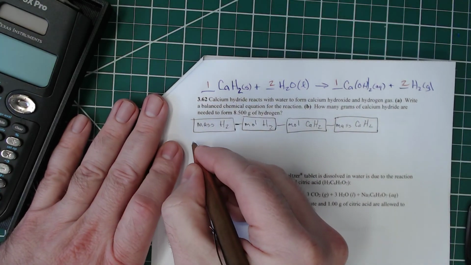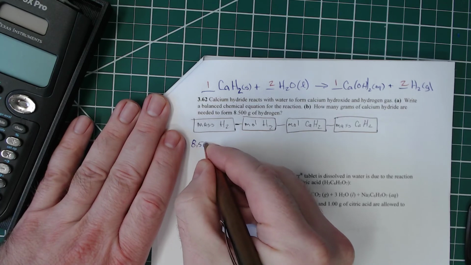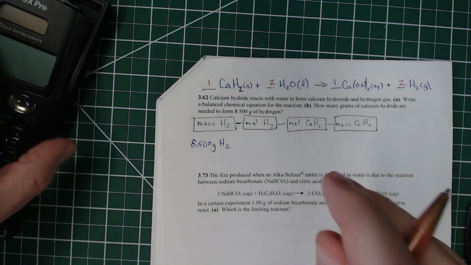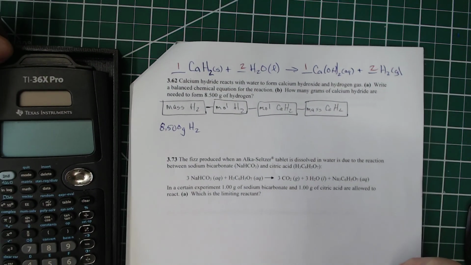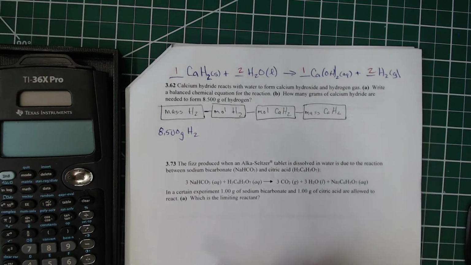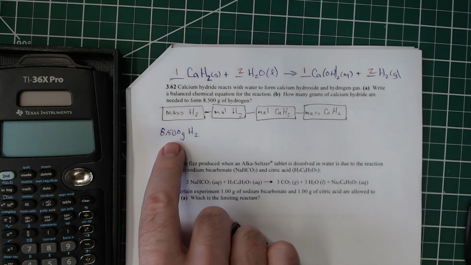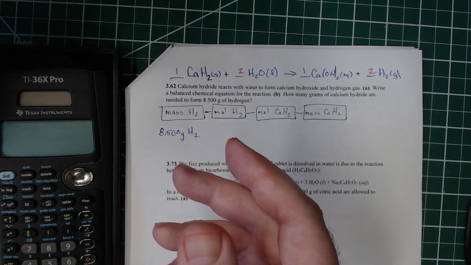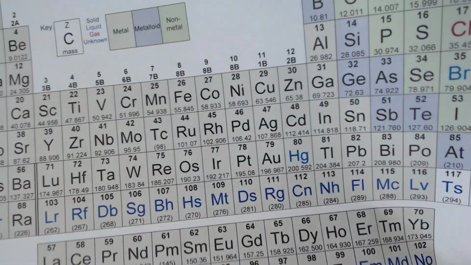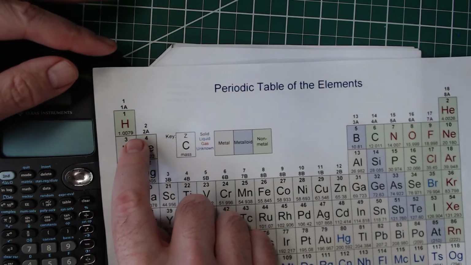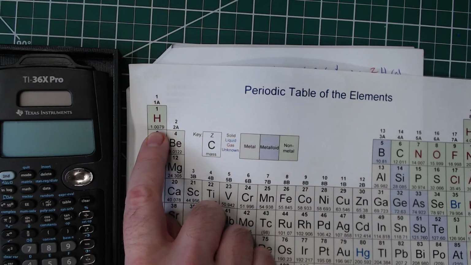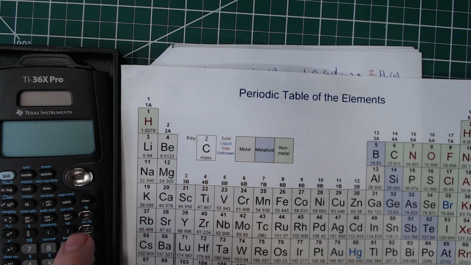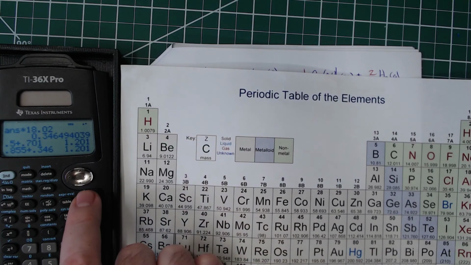So we'll start with that mass. So 8.500 grams of hydrogen. Now we know that the molar mass of hydrogen is 2.02 because we've seen that multiple times. However, you'll notice here that we've got 4 significant figures, and hydrogen 2.02 only has 3 sig figs. So we're going to get an extra sig fig here. So instead of using 1.01, we're going to use 1.008 as our atomic mass of hydrogen.